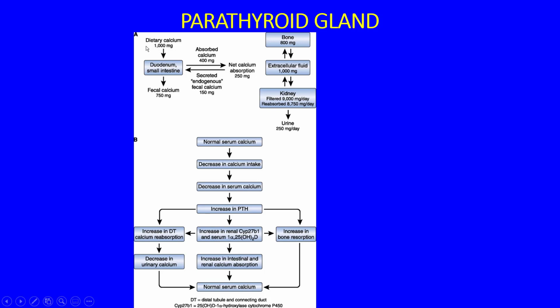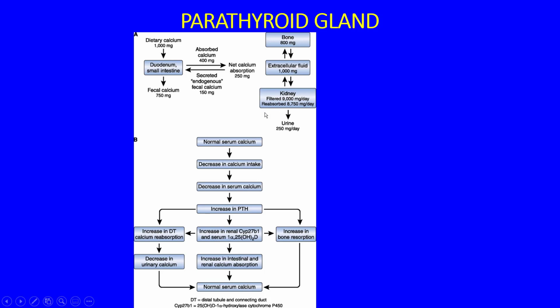But just see that, for example, dietary calcium, as it passes through the duodenum and small intestine, you will get some loss in the feces. You will have absorbed calcium. You will also have a secreted endogenous fecal calcium of about 150 milligrams, which contributes here because we did say that about 40% is absorbed, okay? So you end up with a net calcium absorption of 250 milligrams.